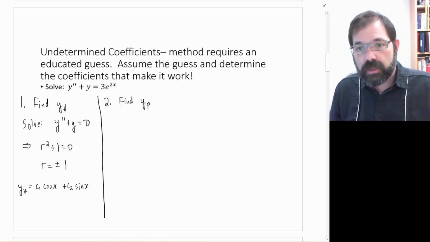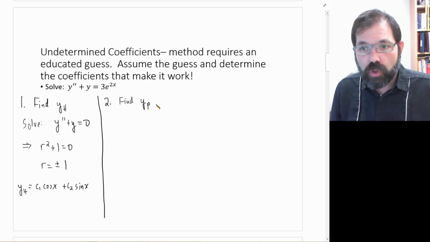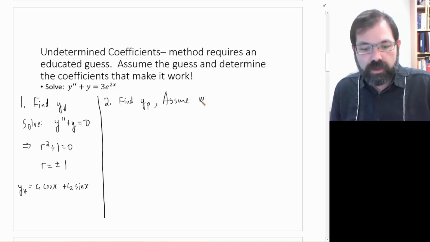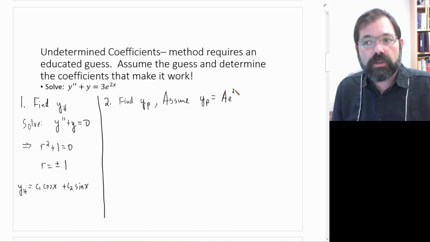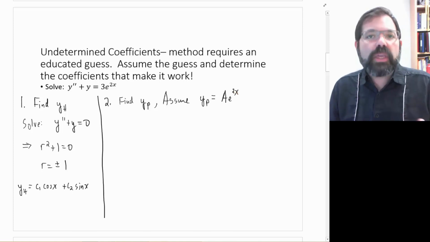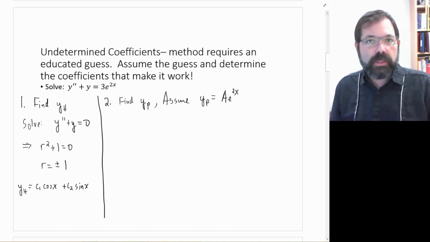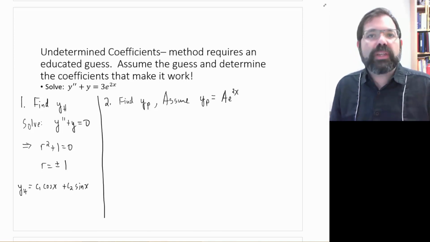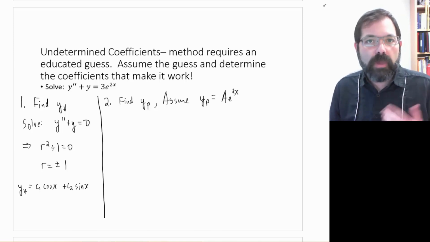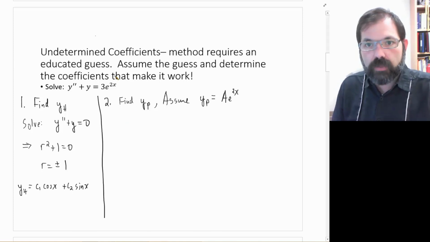So the guess we're going to make is that y sub p is a e to the 2x. Why? Because the result has that general form. It's some multiple of e to the 2x. I'm going to guess that it fits this form. Now let's see if it works.